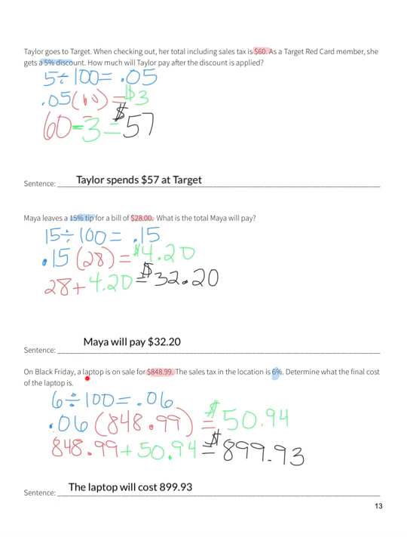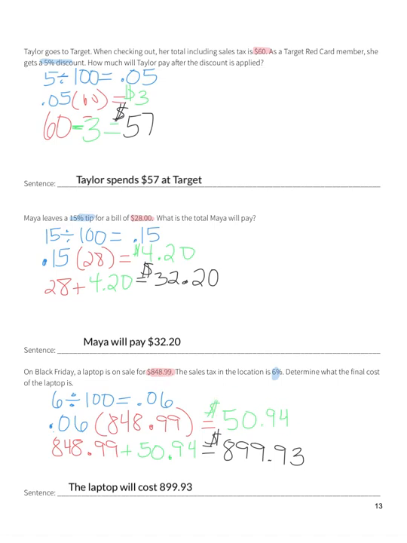All right, on Black Friday, a laptop is on sale for $848.99. The sales tax at this place is 6%. Determine the final cost of the laptop. Step 1, convert your percent to a decimal. Step 2, multiply your decimal by the total amount.